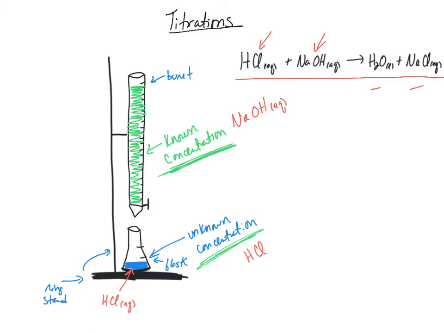And before we start this reaction, and before we start most titrations, we put in there something that is an indicator. What I mean by an indicator is it's something that tells us when we finally have enough of whatever's in the burette that matches what we have in the bottom, to signify that we have the same amount of each of those together. So what we're going to use here is phenolphthalein.